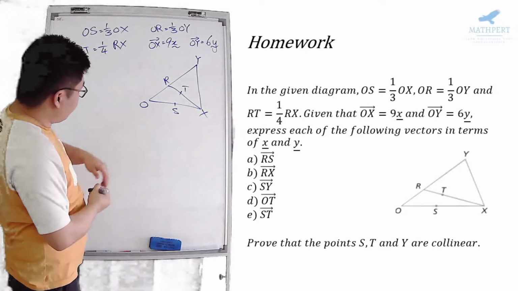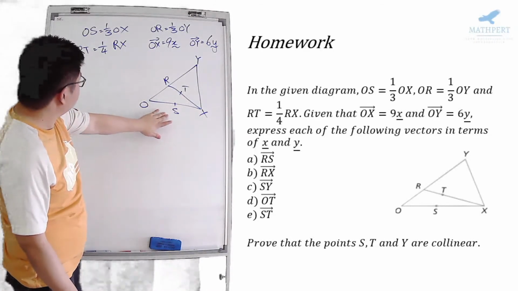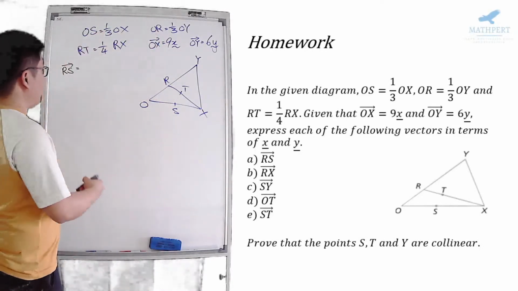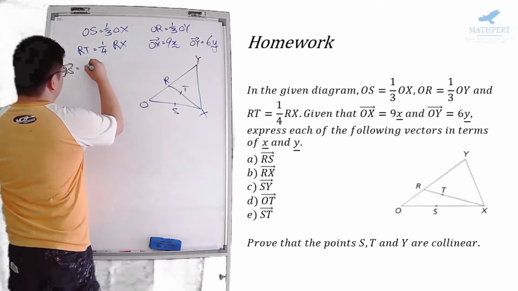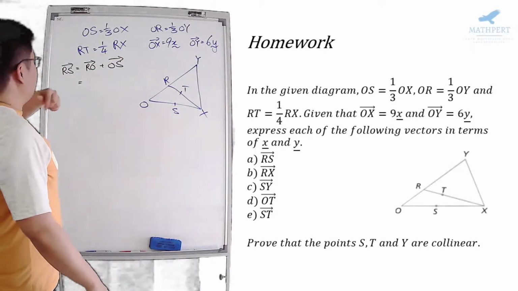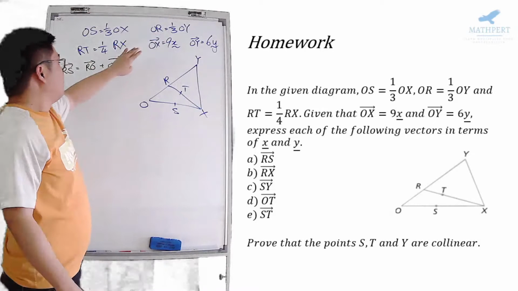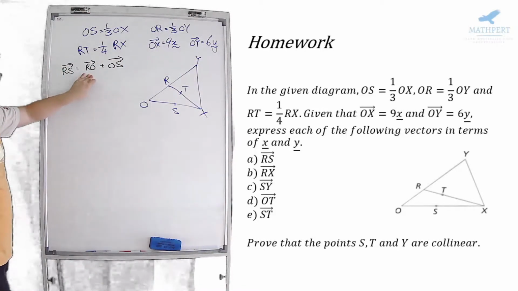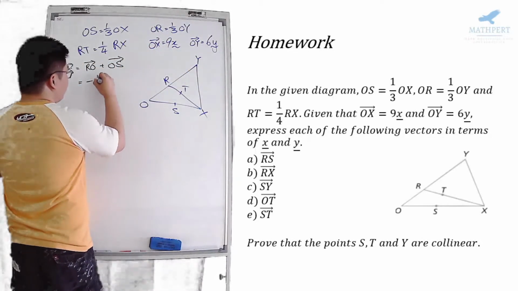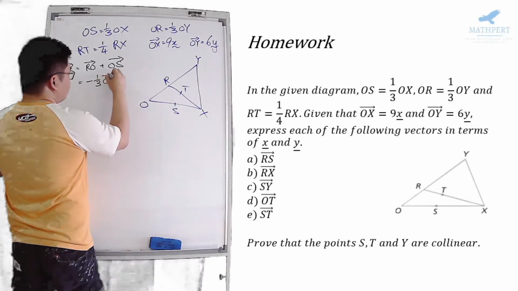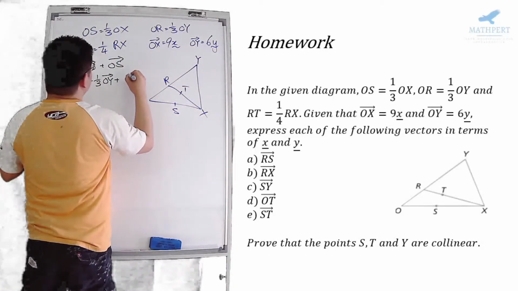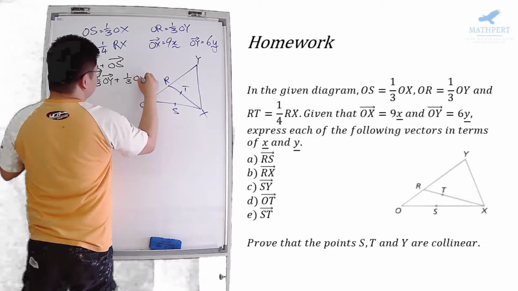So where is RS? RS is from here. RS will be RO plus OS. We have OR, we need RO. So this will be negative 1/3 of OY, plus OS is 1/3 of OX.